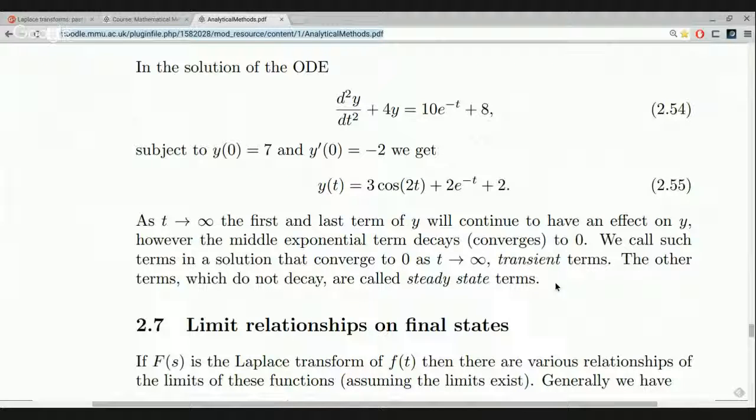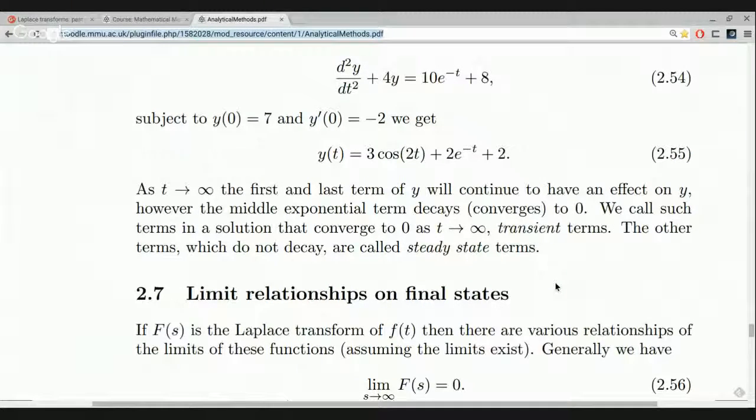And of course, the constant 2 is always there as a constant 2. So we have this idea of steady state and transient solutions. So sometimes the questions might ask us to classify the various parts or the various terms in the linear combination of the solution and call them either steady state or transient.